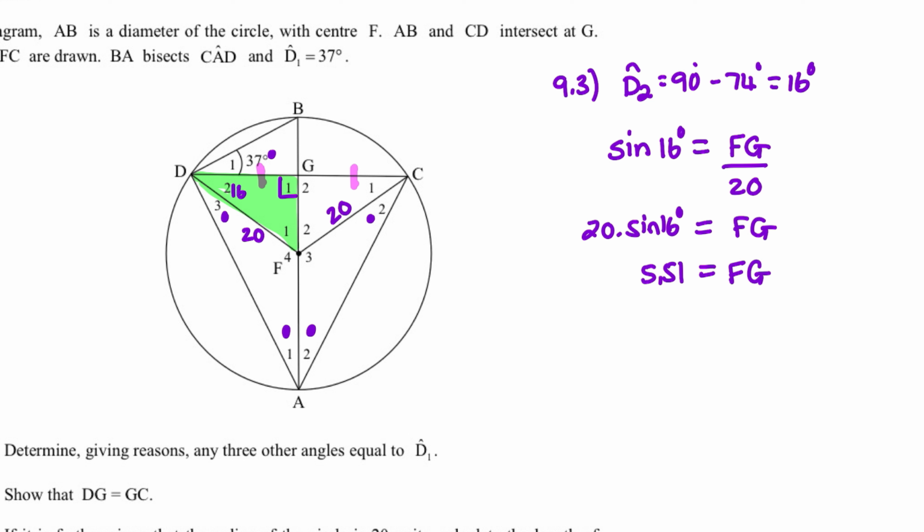So if this is 5.51 units, then BG is 20 minus 5.51 units, and that becomes 14.49 units. So remember, this BG is part of the radius, and I worked out the length of FG, and therefore I can find BG.